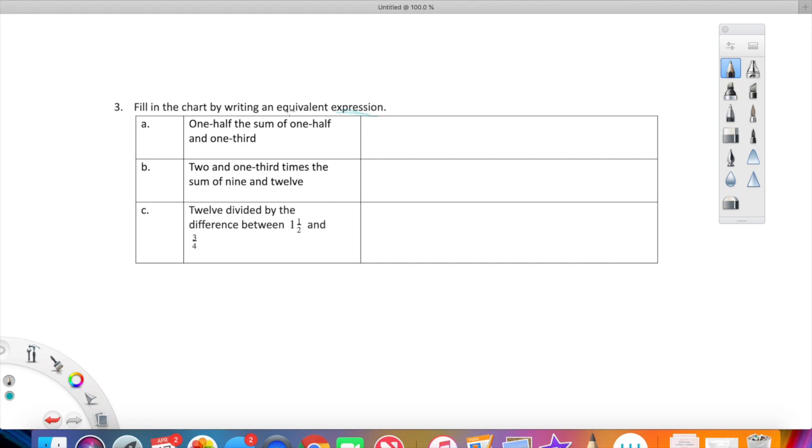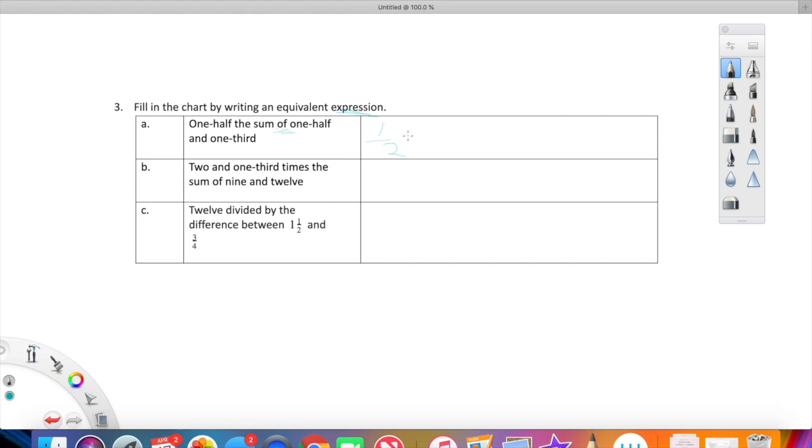Our first one is 1/2 the sum of 1/2 and 1/3. So we know 1/2, and then 1/2 the sum. The 'of' right here, as we said before, is times.